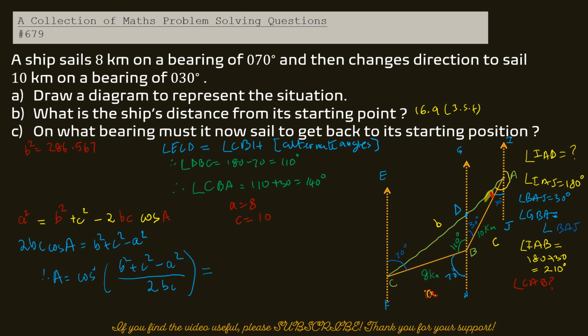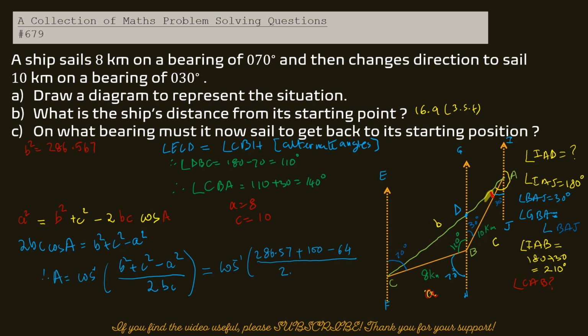So that would equal cos inverse of B squared, which is 286.57, plus C squared, which is 100, minus 64, divided by twice BC.